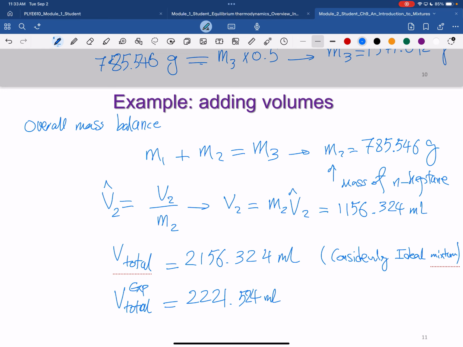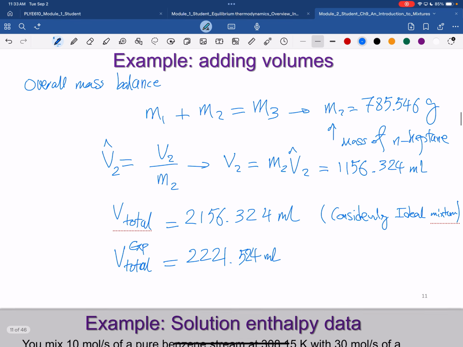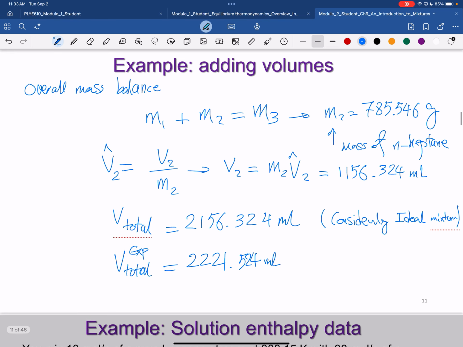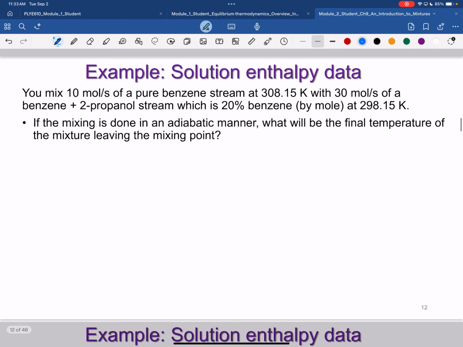There's also one very nice example in your textbook, which I like a lot. It's the same concept. It talks about the solution enthalpy, how we can utilize the enthalpy curves to calculate properties of a mixture. Again, a mixing process.